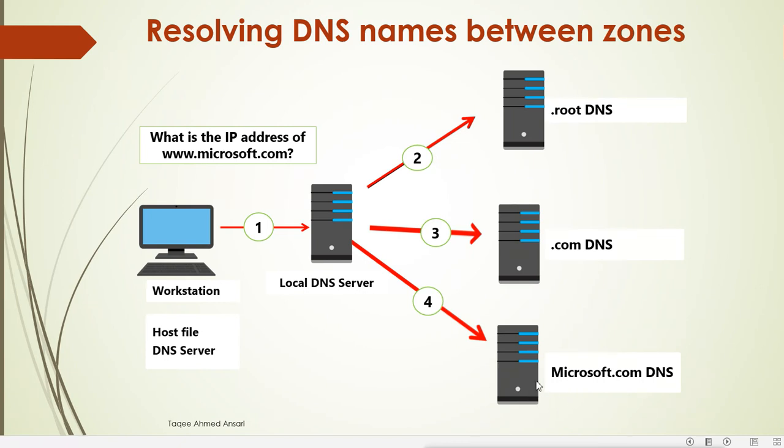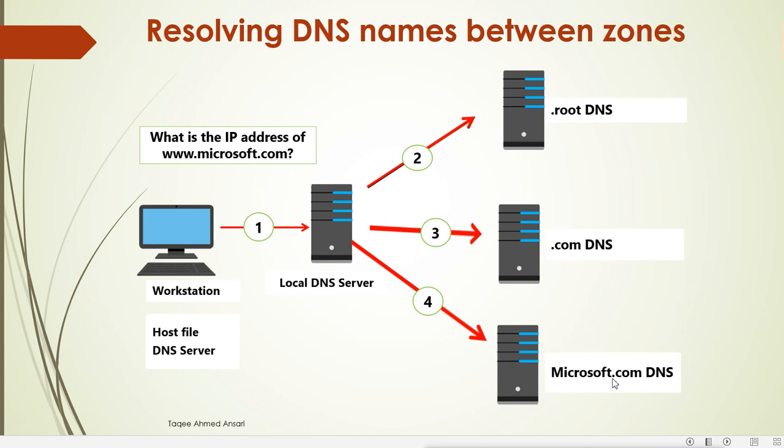Now if it finds the record, it will reply to the local DNS server that I found the record and this is the IP address. And if it does not find the record, it will say error, that no, the record is not found. It can say that because this is the authoritative DNS server.